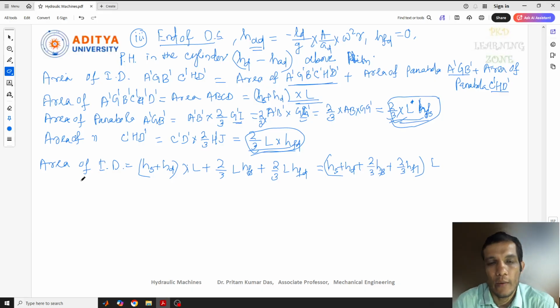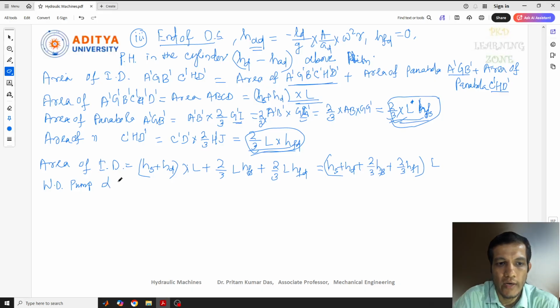But previously, one more time I'm reminding you that we have identified that the work done by the pump is proportional to the area of the indicator diagram. This we have already proved previously. Work done by the pump per second is directly proportional to the area of the indicator diagram.